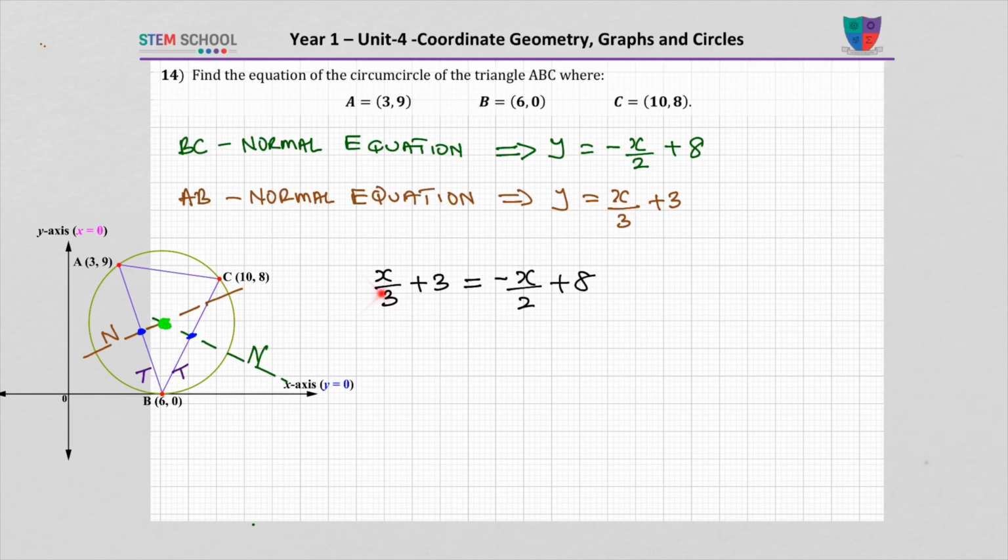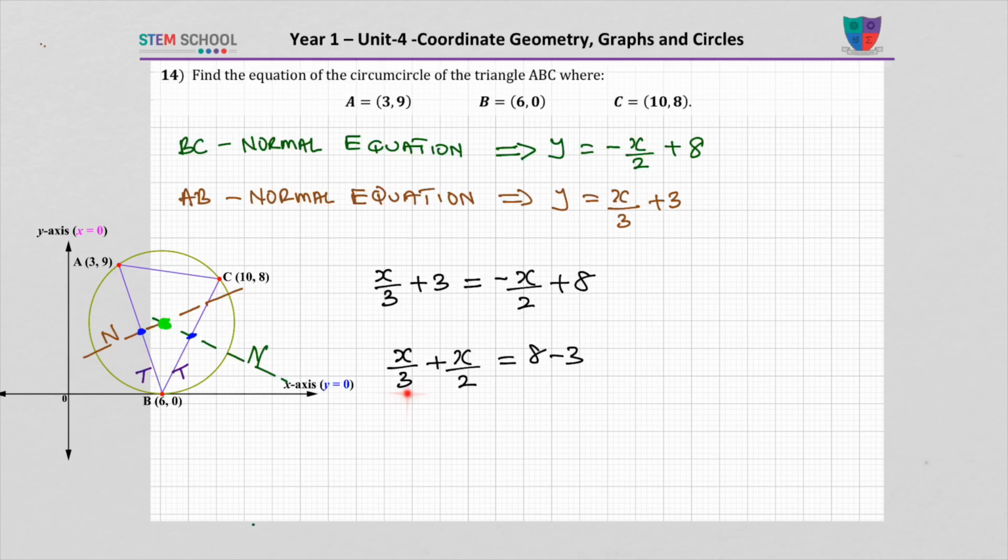At the point where they meet, I have to equate the first y to the second y. And that's what I've done here. Now I need to rearrange and make x the subject and find x. Basically, I've just collected the like terms. I took minus x over 2 to the left hand side, the sign changes, and then I took 3 to the right hand side and the sign changes, and that's what happened.